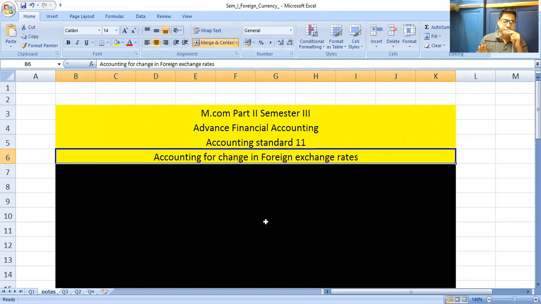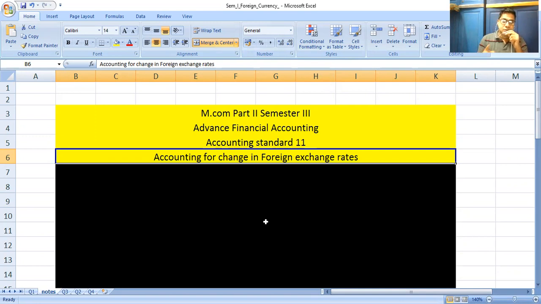Now, if you talk about foreign exchange rates, every country has its own currency. If you take the example of India, India's currency is the rupee. If you go to European countries, their currency's name is euro.